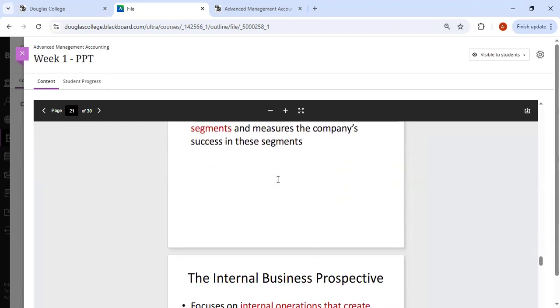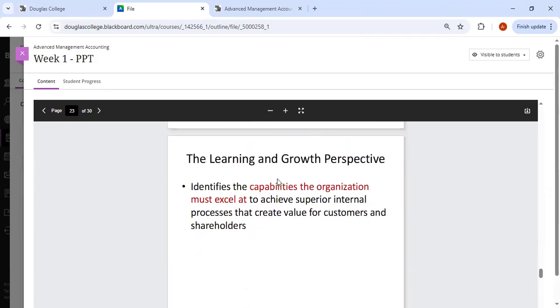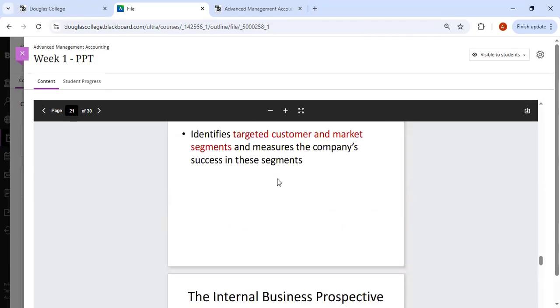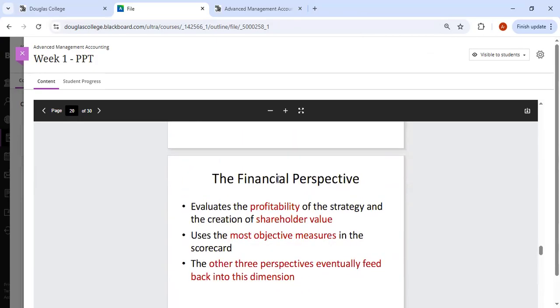An explanation of each perspective. Now, that explanation of the perspective plus the previous one is what you can use for your assignment. We're going to talk about the assignments a little bit later, and I'm going to come back to these slides again. One of the tasks that you have to do in assignment 1, and there's only one assignment, is to explain each of the perspectives.